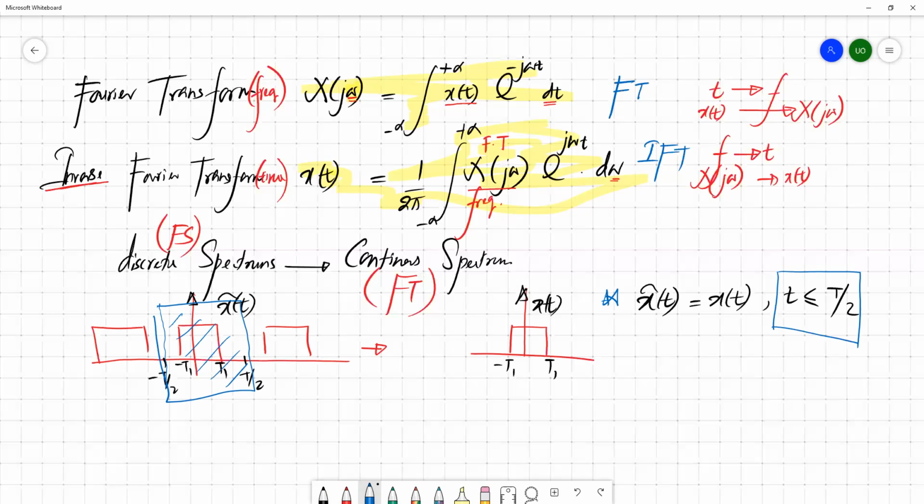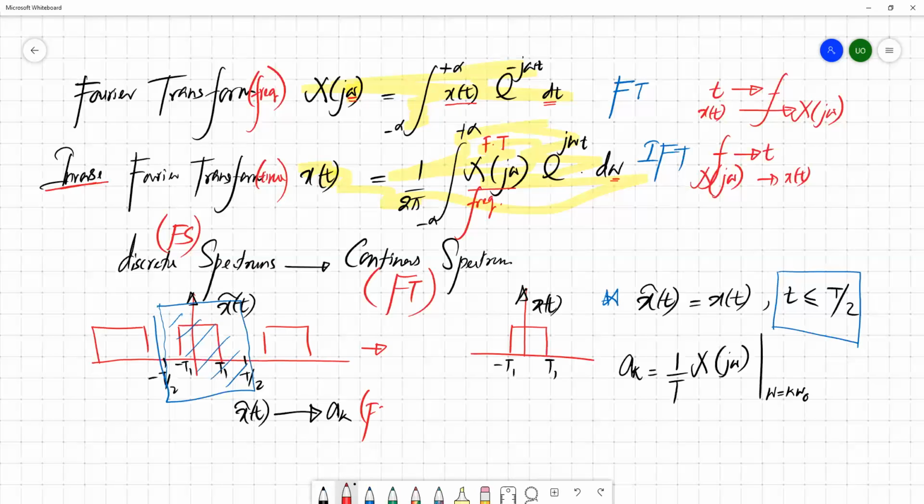From that, we can obtain a relationship between the Fourier series coefficients and the Fourier transform. So now, we have a periodic function x tilde, and for this periodic function, we can easily evaluate the Fourier series coefficients.